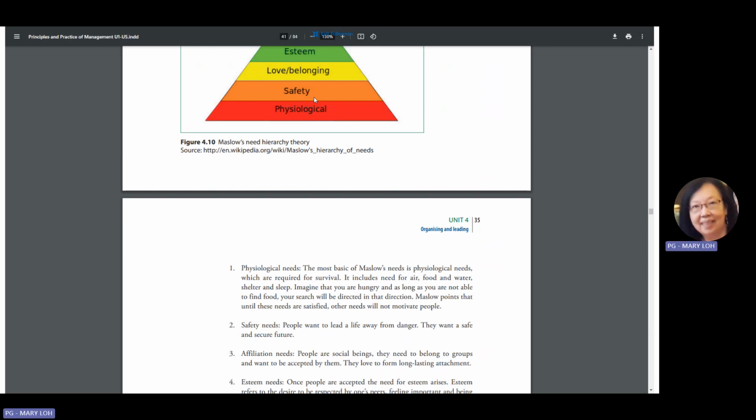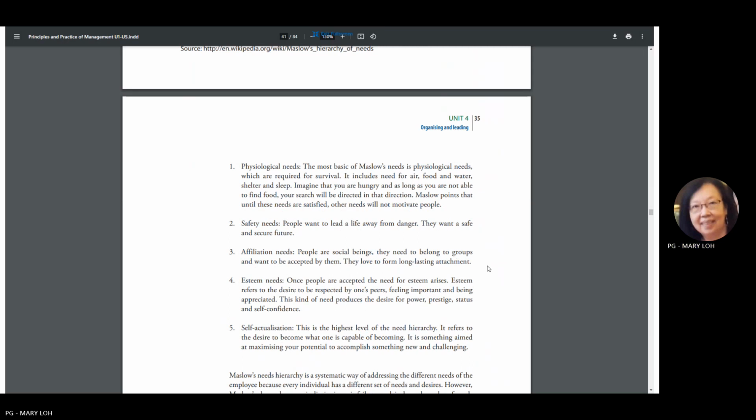Now, the next level of needs is what we call the love and belongingness needs, or affiliation needs. When you work for a company, you spend so many hours at work. So it's something like your second home. And you connect with the people at your workplace. They are like your extended family.